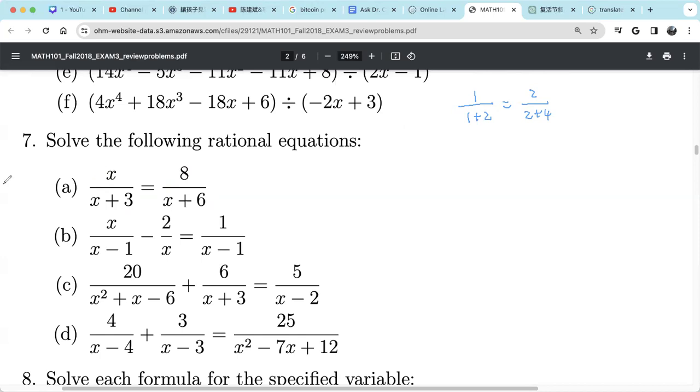So one thing we could do is called cross multiplication, which means I can do 1 times 2 plus 4. Well, 2 plus 4 is 6, and 1 times 6 is 6. That equals 2 times 3. Right, so this is called cross multiplication.